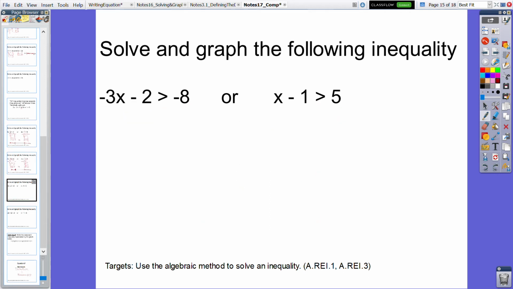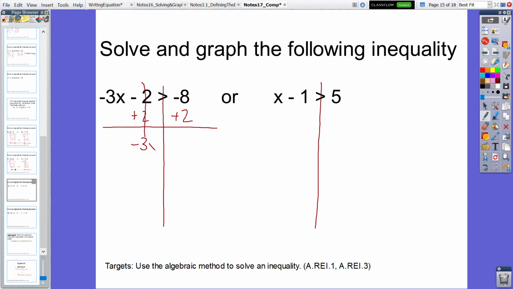So we have negative 3x minus 2 is greater than negative 8, or x minus 1 is greater than 5. If I go to solve this, once again, solving the first one to the left, I'm going to start by adding 2 to both sides of the inequality. So negative 3x minus 2 plus 2 causes my 2's to cancel, left with just negative 3x.